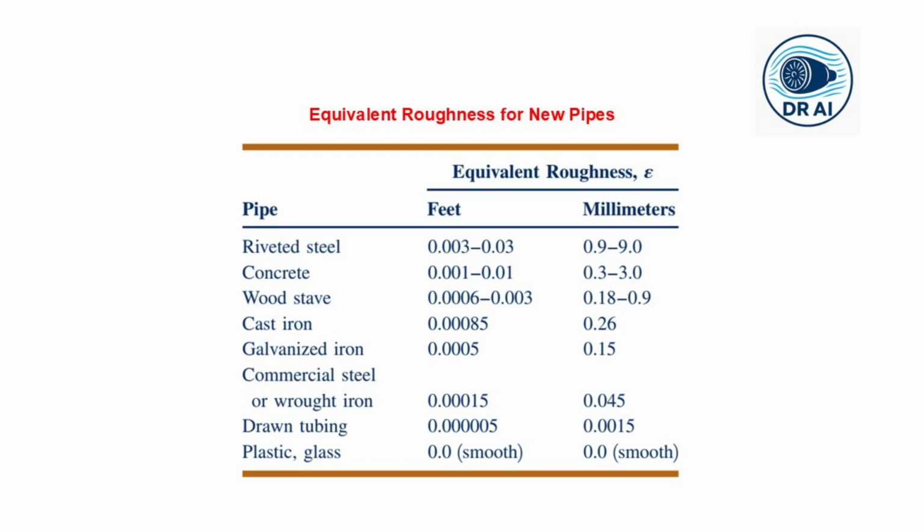A critical point here is that these values are for new, clean pipes. As pipes age, corrosion and scale buildup can increase the effective roughness dramatically, sometimes by an order of magnitude. This is an important consideration for long-term system design.